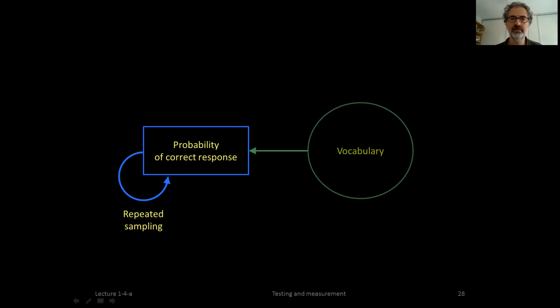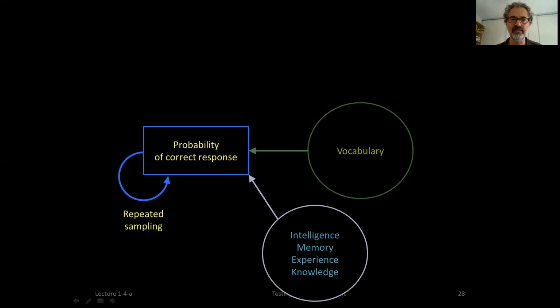Of course, whether or not you actually have the word in your mental lexicon really should affect whether or not you answer correctly. But that's not the only thing that affects performance in these tests. There's a whole bunch of other things that affect performance, and that depends on the design of the test.